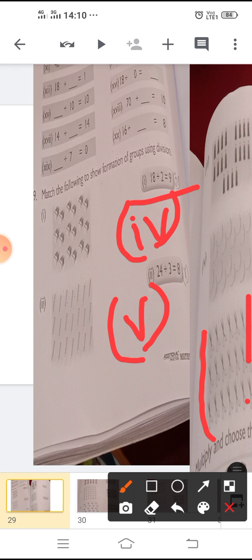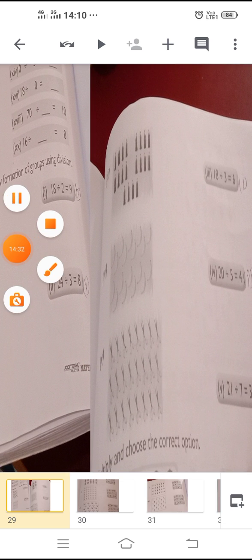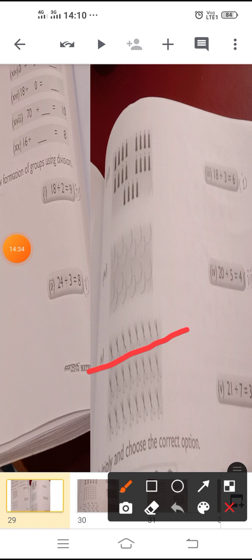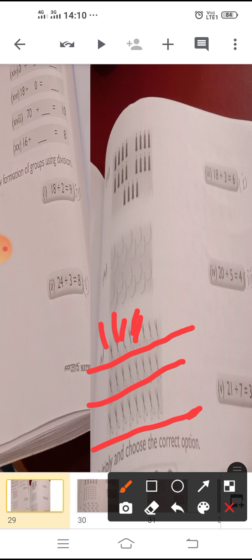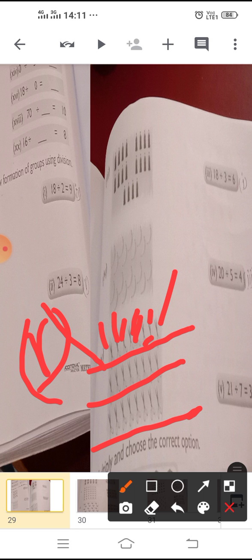So this is your fifth part. You can count it, you can see 1, 2 and 3. And in each group it is 8: 1, 2, 3, 4, 5, 6, 7, 8. Understood? So 24 divided by 3 will give you 8. So this will match with your fifth part. Understood?